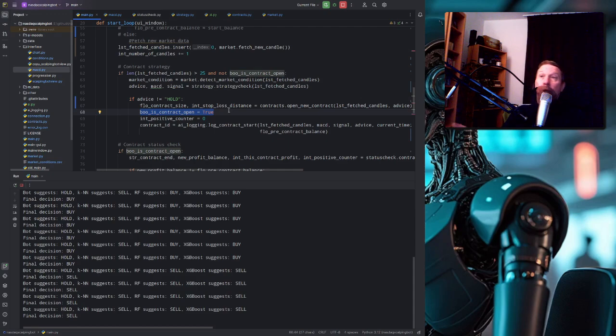We don't have those, and then we can only use the trailing stop loss to end a contract. So there's always a backup, but because I see this, I know that there is something wrong, and that's why we see double positions opened.